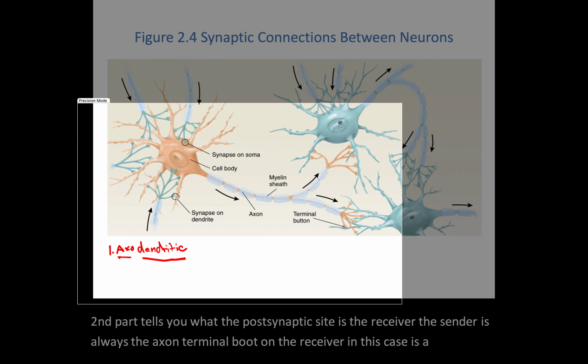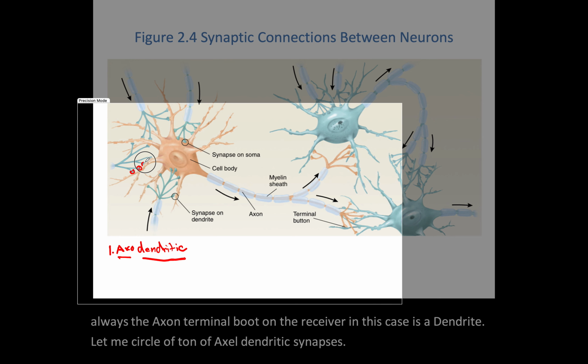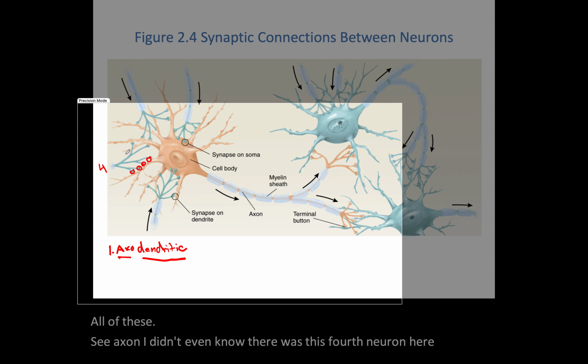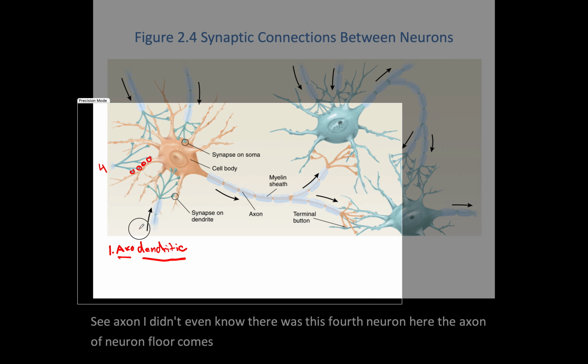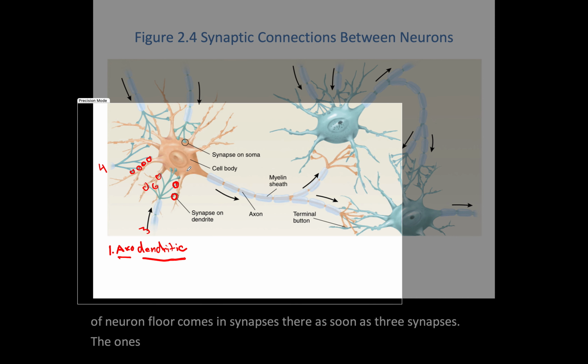Let me circle a ton of axodendritic synapses. All of these. See, axon, I didn't even know there was this fourth neuron here. The axon of neuron 4 comes and synapses there. This was 3 synapses. The ones I'm circling are axodendritic.